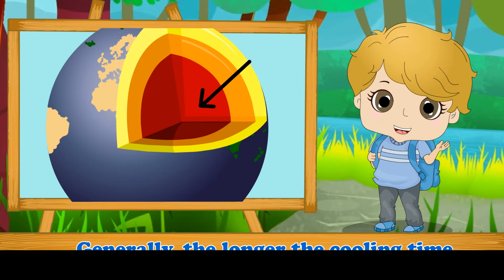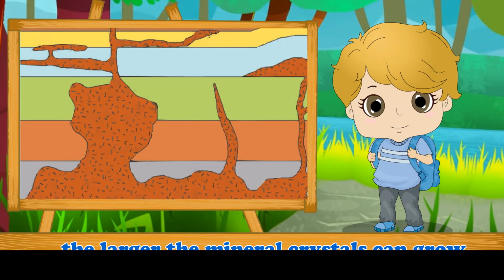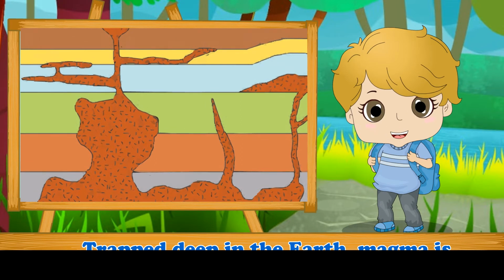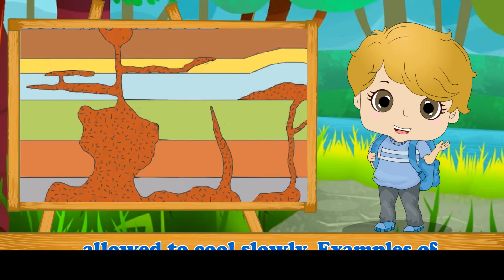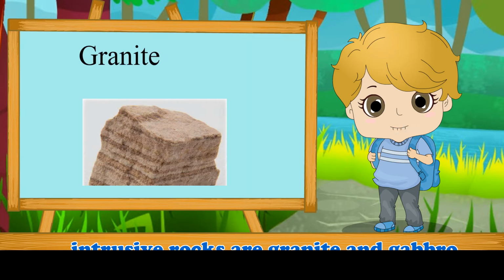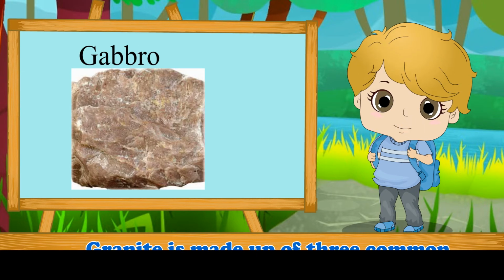Generally, the longer the cooling time, the larger the mineral crystals can grow. Trapped deep in the earth, magma is allowed to cool slowly. Examples of intrusive rocks are granite and gabbro.